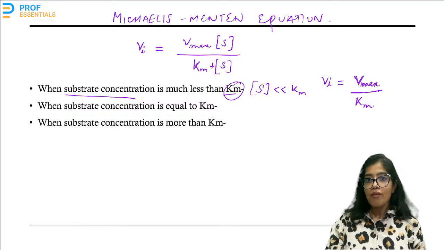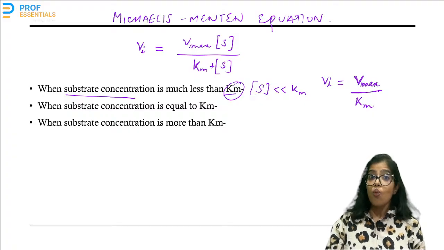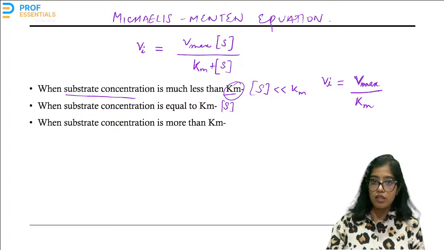Now we are going to write each and everything, and then we are going to discuss what it means. When the substrate concentration is equal to Km, how do we write it? Vi, or the velocity of the reaction, is, equal to Km, you can write Km is equal to S. So S plus S is what? 2S.